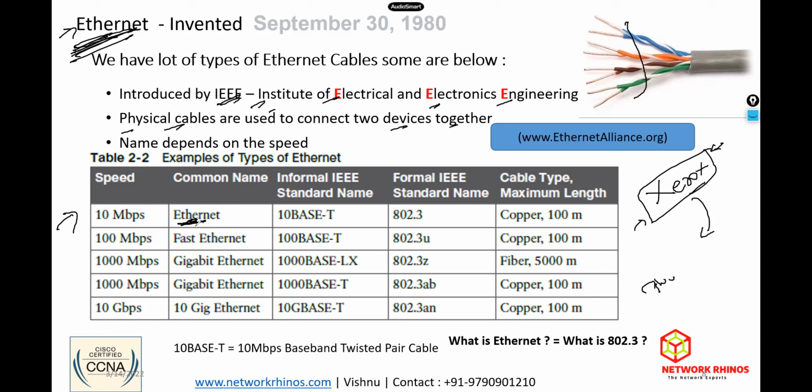Then in future, they discovered fast Ethernet, gigabit Ethernet, and 10 gigabit Ethernet. To understand simply, Ethernet means 10 Mbps, fast Ethernet means 100 Mbps, gigabit Ethernet means 1000 Mbps, and 10 gigabit Ethernet means 10 Gbps.